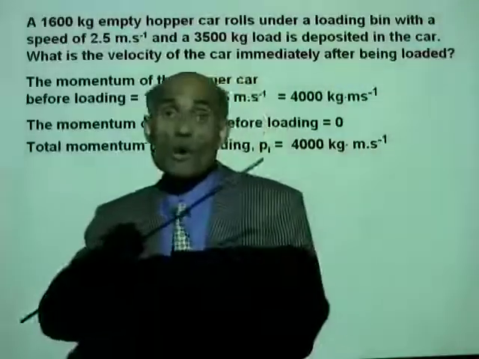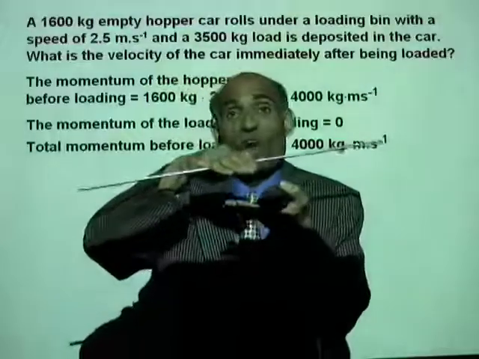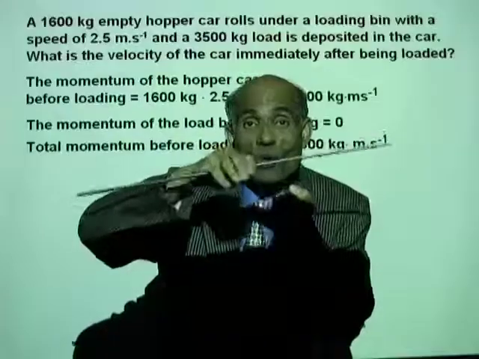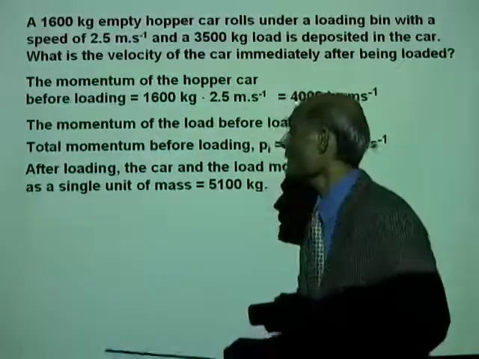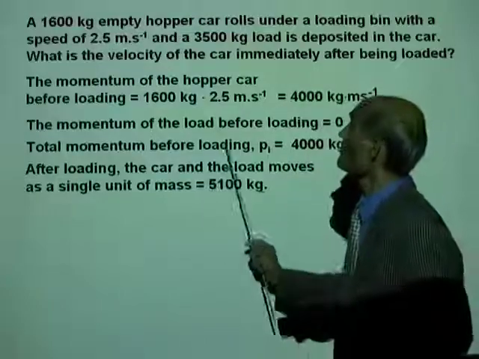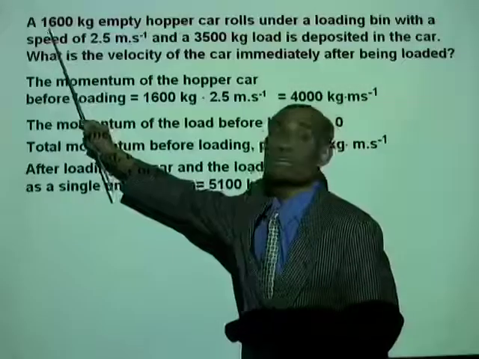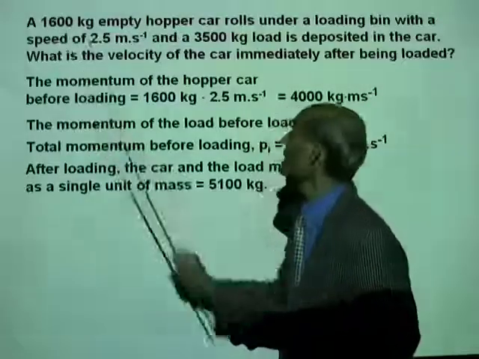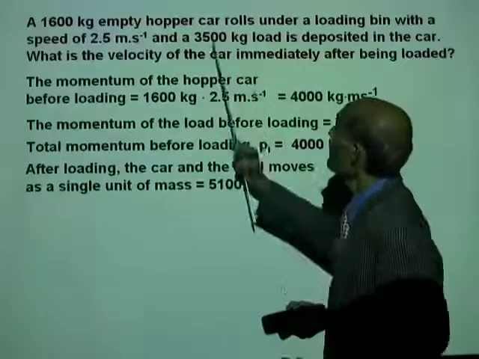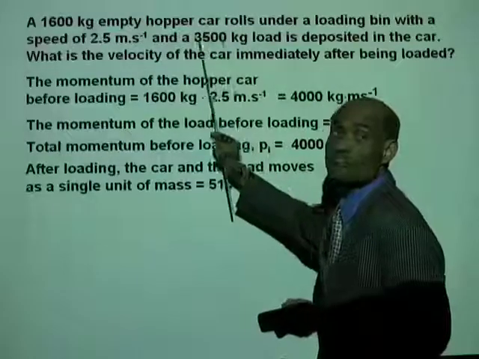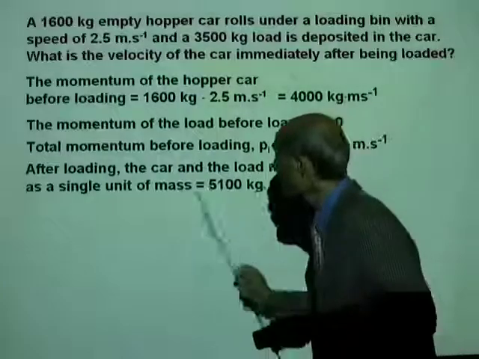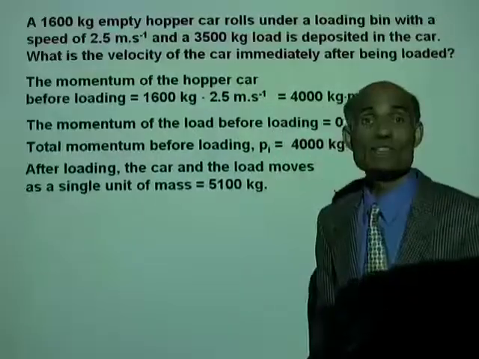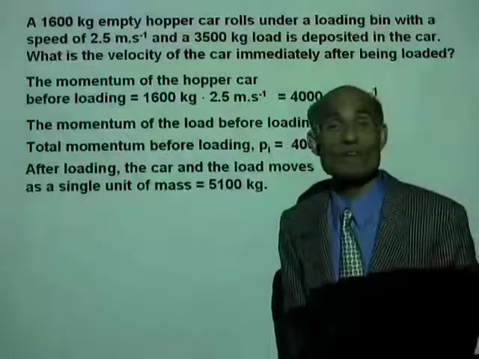And once loaded, the hopper car and the load together is a single system. And what is the total mass? The mass of the hopper car is 1600 kilogram. Mass of the load is 3500 kilogram. The total mass of the system now is 5100 kilogram.